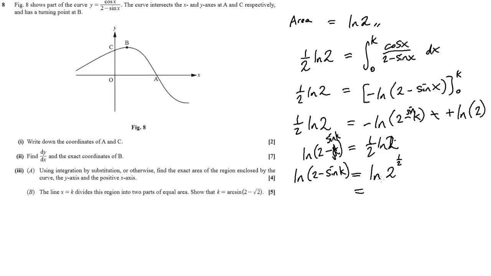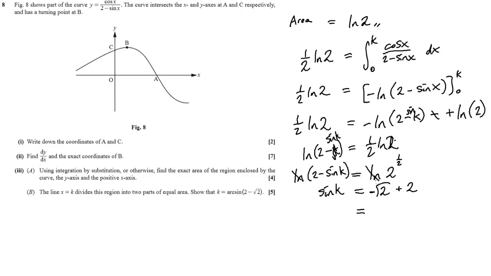Because the natural log are on both sides, we can take exponents on both sides, and that states that sine k is actually just 2 to the half, which is root 2. I did rearrange the root 2 over to the left and the sine to the right, but I just flipped the other side.